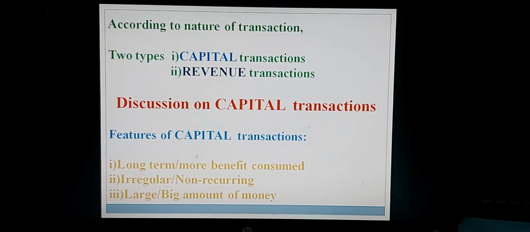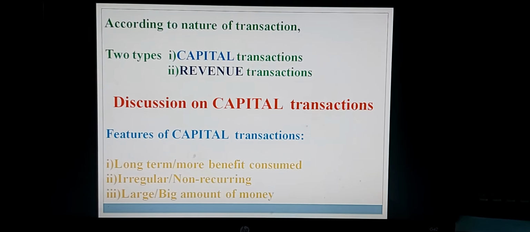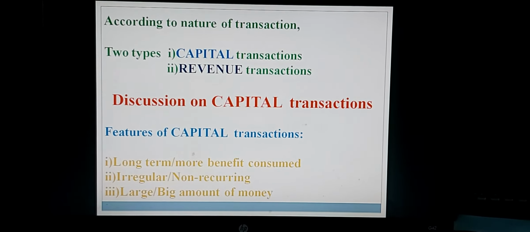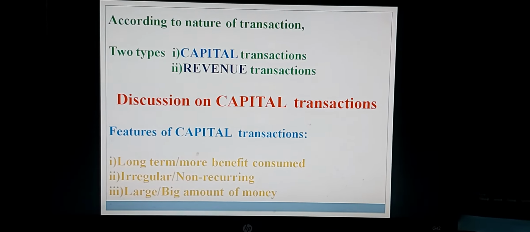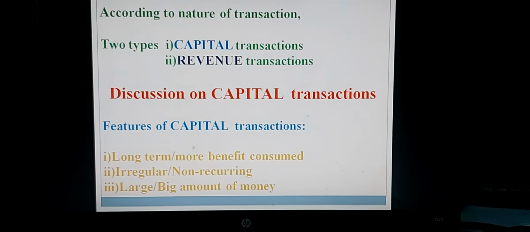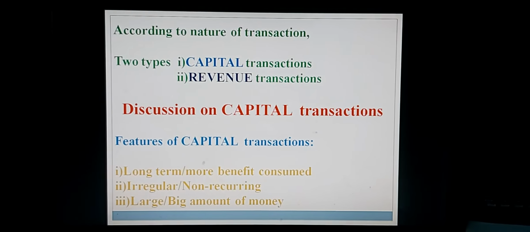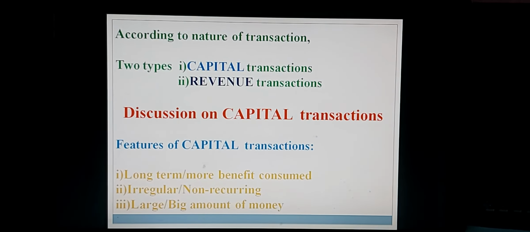You are seeing on the screen, according to nature of transaction, two types. One, capital transactions, and second one, revenue transactions. Capital transactions give more benefits than revenue transactions over the period.